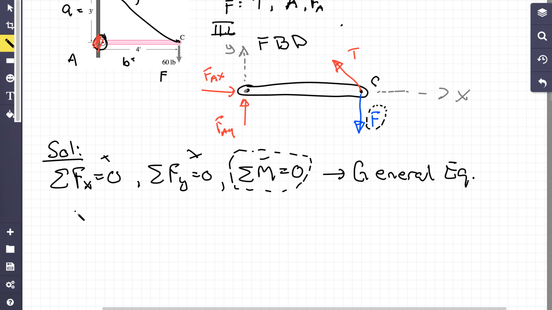I like that. So if we take the sum of the moments about C equal to 0, and we know this is the perpendicular distance, so that is our B, we can say that B times FAY, the only thing you can do is set that to 0.